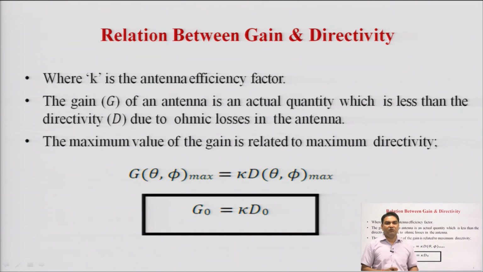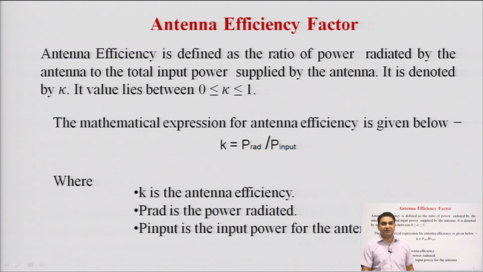The maximum value of the gain is related to the maximum directivity, and here the gain and directivity relationship holds when both these factors are maximum value factors, while the power gain and the directive gain are the general value factors, but the relationship between these two is the same.